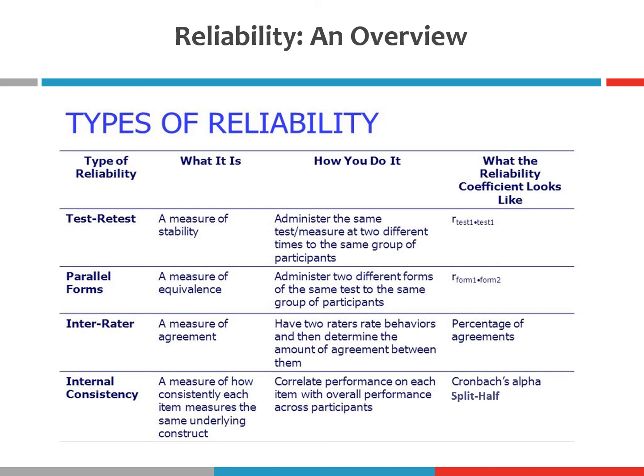Okay? And lastly, we have internal consistency. And internal consistency is used when we want to evaluate whether the test items that we've created, okay, feature questions that are all measuring the same underlying construct, okay? So it provides a measure of how consistently each item or each question measures the same underlying construct, okay?